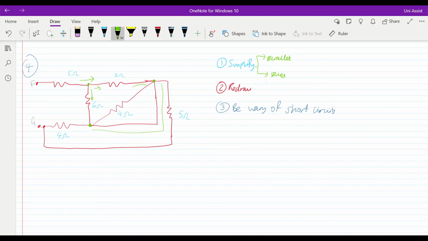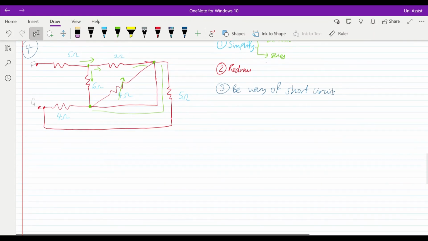So effectively this 4 ohm resistor is voided. That's the first thing I notice, and therefore I'm going to redraw my circuit straight away, just to see if that change is going to bring about further simplifications.